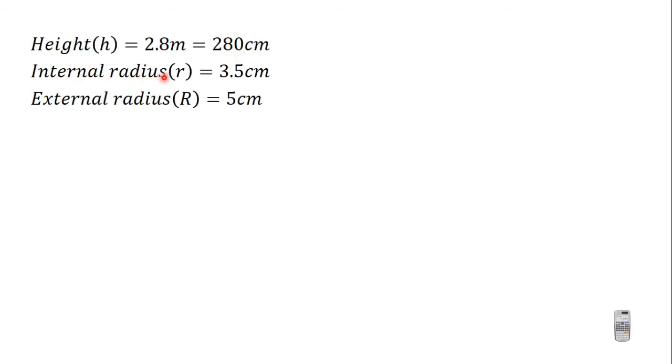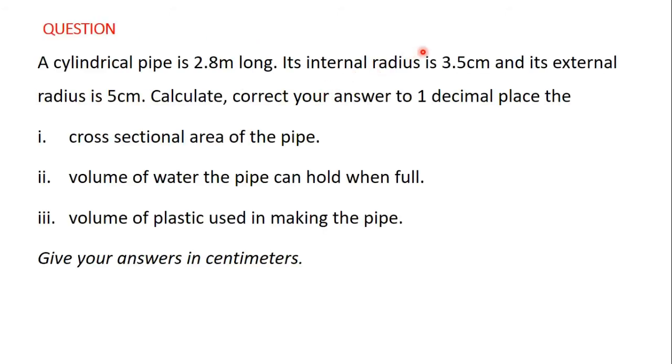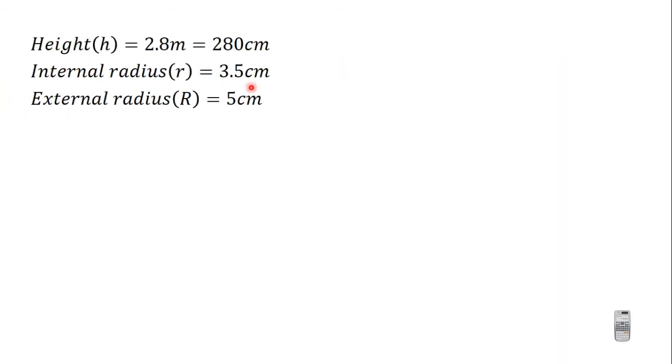The internal radius, which is small r, is 3.5 centimeters. That's what the question told us. And the external radius was also given to us as 5 centimeters. So small r is 3.5 centimeters and big R is 5 centimeters.